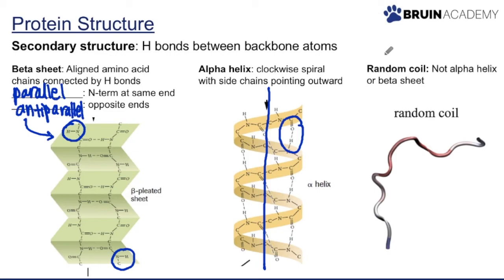And then the last thing is a random coil, and this is just a third motif that you should know. There's not really much to say about it other than it's not an alpha helix or a beta sheet. It folds kind of randomly, quote unquote, but there's not really any distinguishing feature for it.